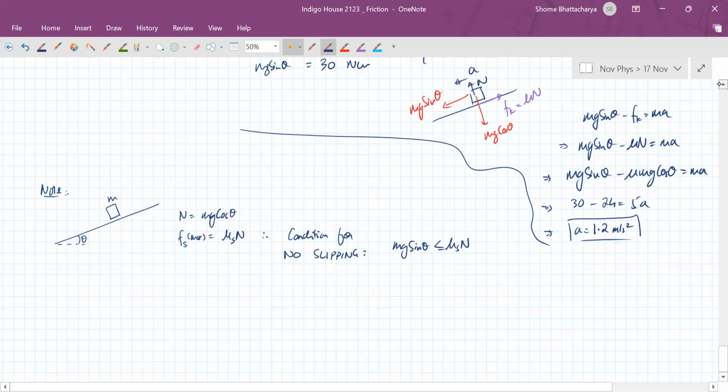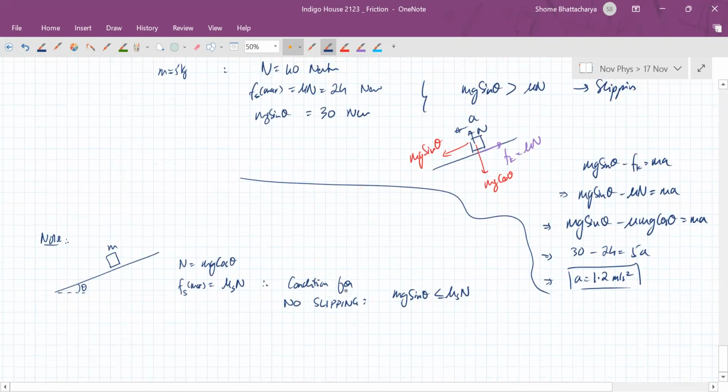When you substitute that, you get a relation that coefficient of static friction should be greater than or equal to tan theta.